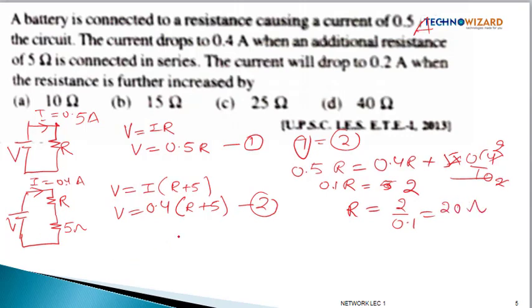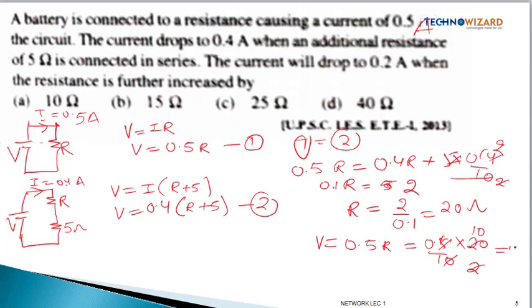Now we'll also find the value of voltage. V is equal to 0.5 into R from the equation 1. So 0.5 into 20, so this will be 10 volt, right? So we have calculated the value of source and the resistance. Now it is saying that the current will drop to 0.2 ampere when the resistance is further increased by.